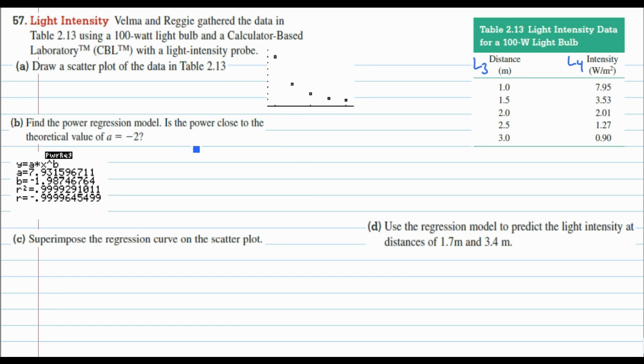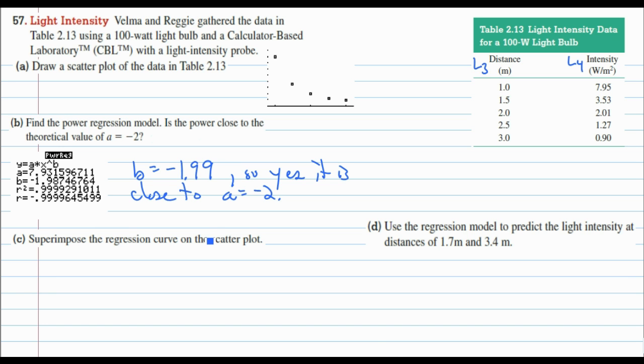Is the power close to the theoretical value of a equals -2? Yeah, the exponent that we got is -1.99, which is very close. So yes, it is close to a equals -2, the theoretical value for the intensity of the light depending on distance.